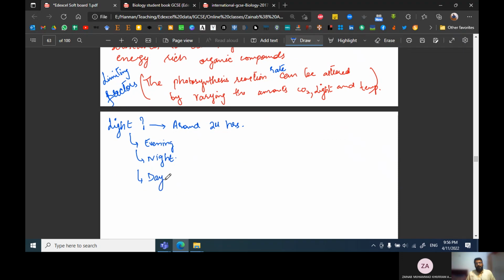So obviously we are including the day and the dawn as well. So these are the four times in which light can vary. And obviously when the light varies, it affects the level of photosynthesis. So this is very important.